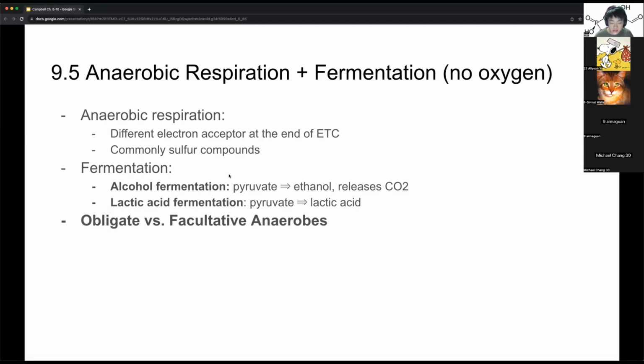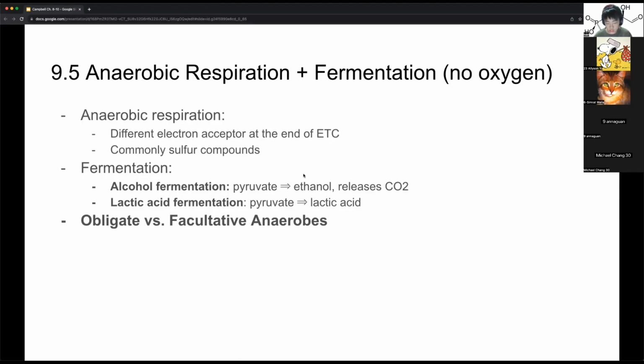In alcohol fermentation, that's where you produce alcohol, which is why it's called alcohol fermentation. You have glucose, and you go through glycolysis, producing the net 2 ATP, and then you have 2 pyruvate, which turns into acetaldehyde, and then there's NAD plus regeneration into ethanol.